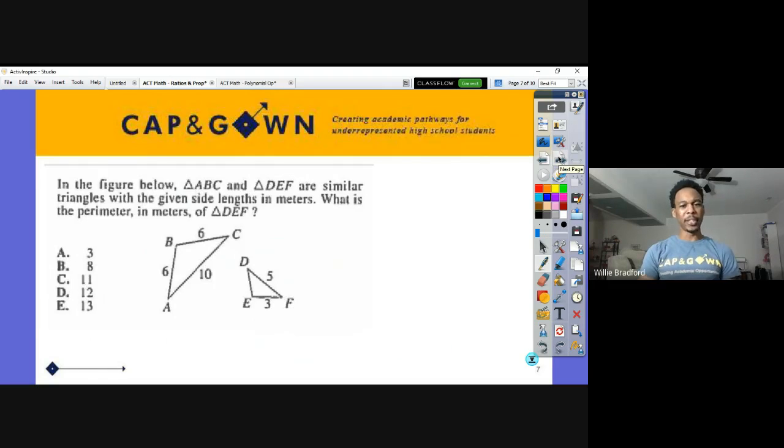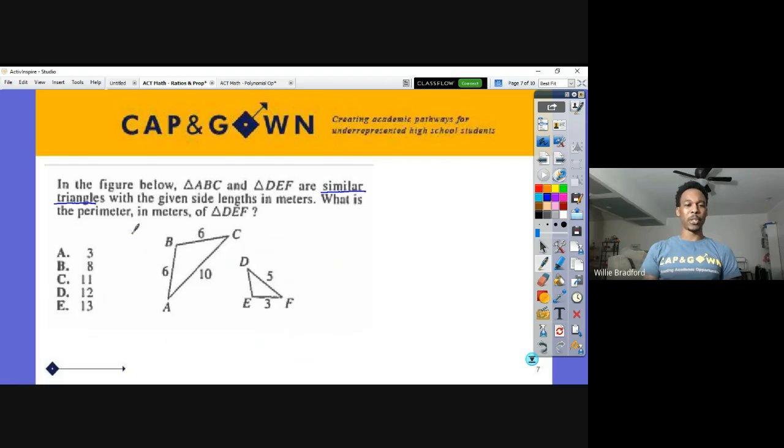Okay, here is a proportion question with some geometry involved. All right. And the key to this problem, I'll tell you in just a second, is the word similar. So it says in the figure below, triangle ABC and triangle DEF are similar triangles with the given side lengths in meters.